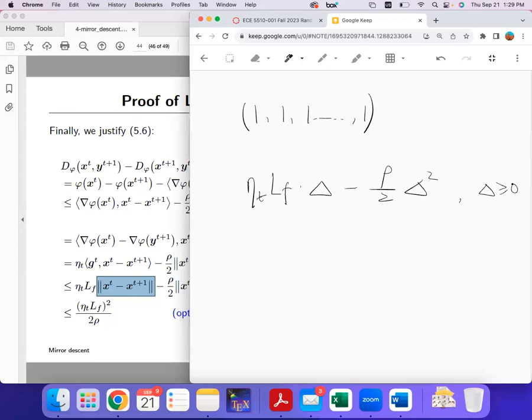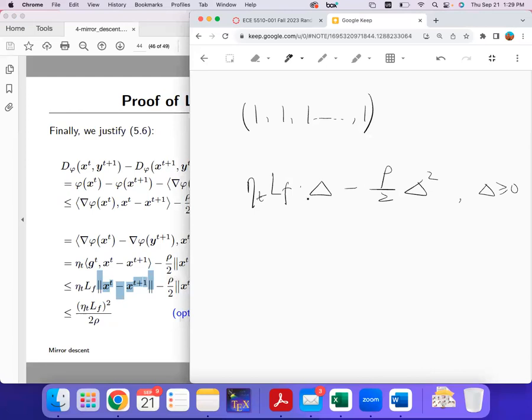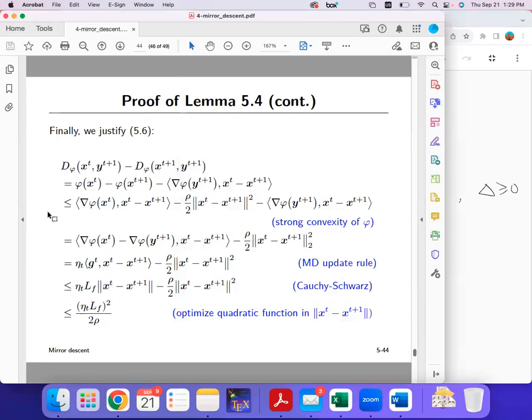So for such a quadratic function in the positive domain, you can show that it is bounded by such a constant. You don't care about the specific value of this difference term, just view it as a quadratic function on the positive domain. So you can show this is bounded by this term. This proves that this difference term can be controlled by it.